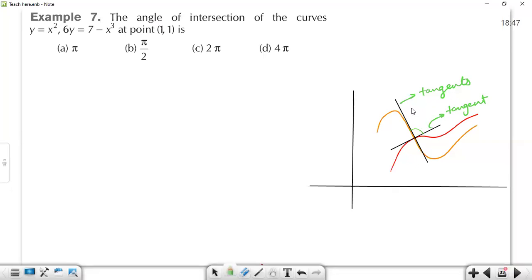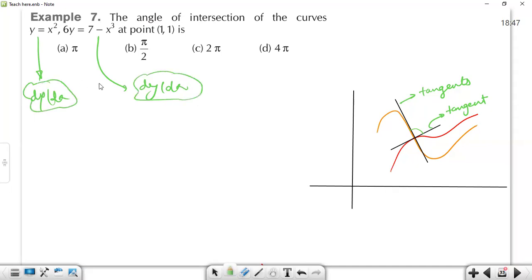So how will we do that? We know that we can find the slope of the tangent of one function by taking its derivative, and the other function by taking its derivative also. Sorry, it's not the tangent, this is the slope of the tangent, and this is also the slope of a tangent.